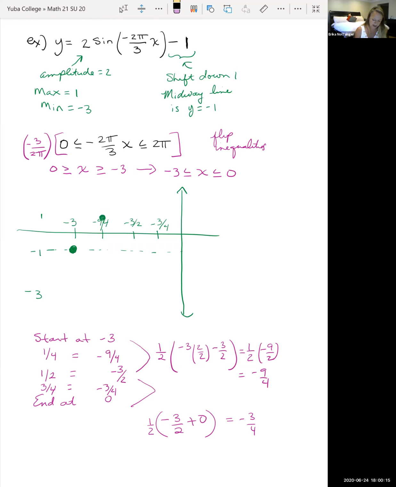So at -3/2, you come back down and hit the midway line. At -3/4, we're going to hit our minimum, which we said was -3. And then back at 0, we're going to hit our midway line. And so we've got one graph, or one cycle, of that.